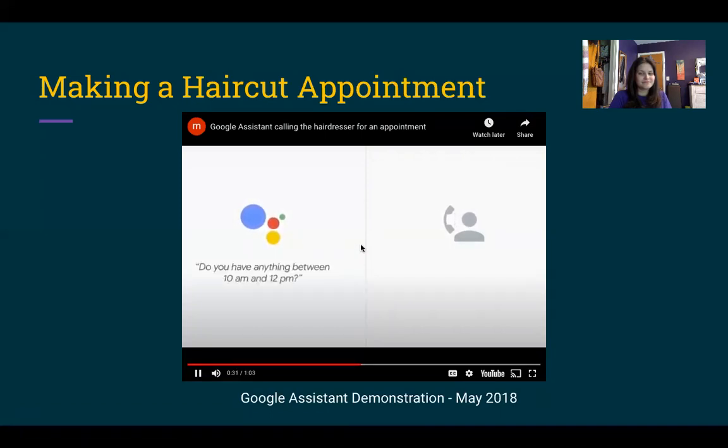Do you have anything between 10 a.m. and 12 p.m.? Depending on what service she would like. What service is she looking for? Just a woman's haircut for now. Okay, we have a 10 o'clock. 10 a.m. is fine. Okay, what's her first name? The first name is Lisa. Okay, perfect. So I will see Lisa at 10 o'clock on May 3rd. Okay, great. Thanks. Great. Have a great day. Bye.